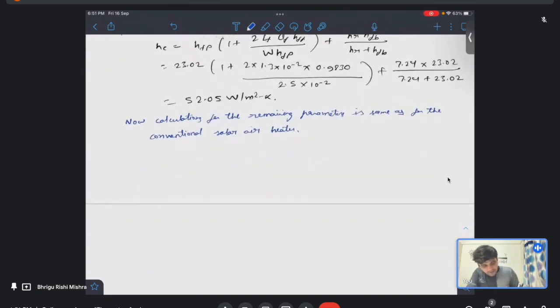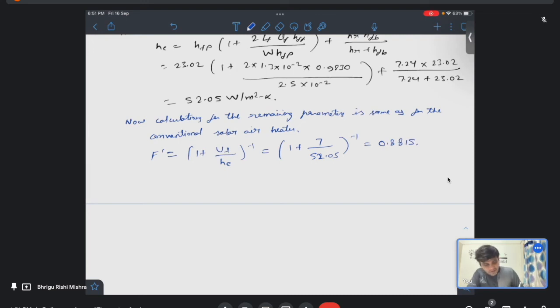So we need to calculate the F dash, which is 1 plus UL by HE, inverse, which if you put values is 1 plus 7 by 52.05, inverse, you will get 0.8815.